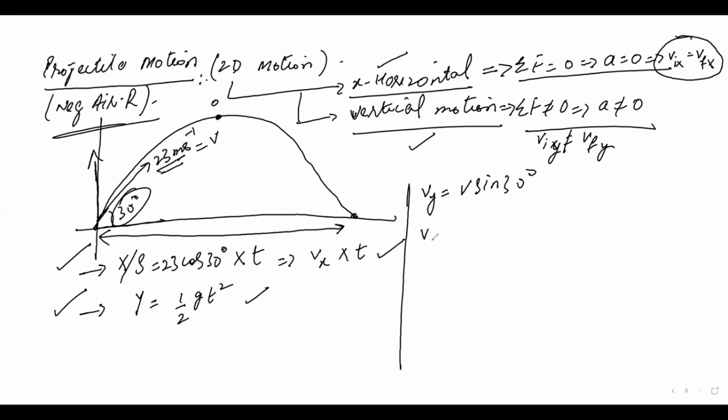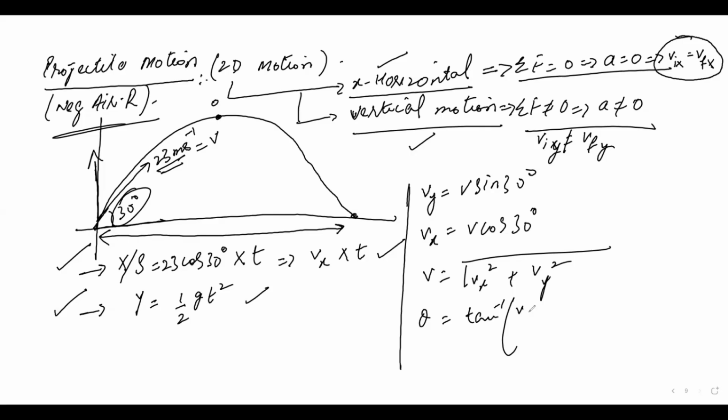If you're talking about Vx, that is supposed to be V cos 30 over here. Got that? So I've got V sine 30, I've got V cos 30. And if you want to get the resultant velocity, that would again be the square root of Vx square plus Vy square. And the direction of the projectile would be the opposite, Vy, over the adjacent, Vx. Got it?